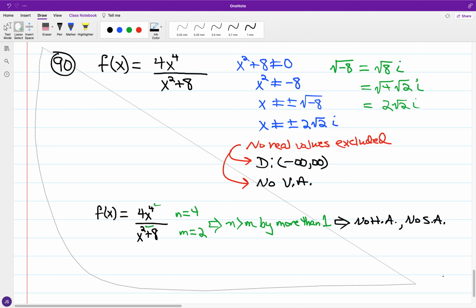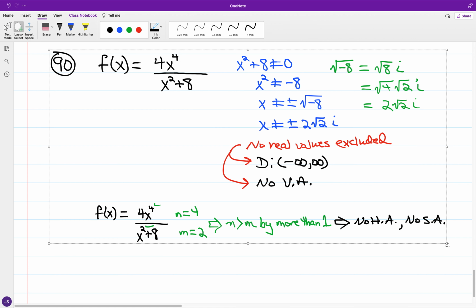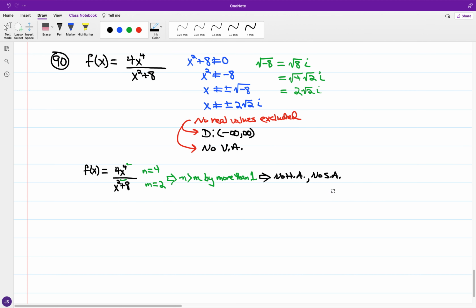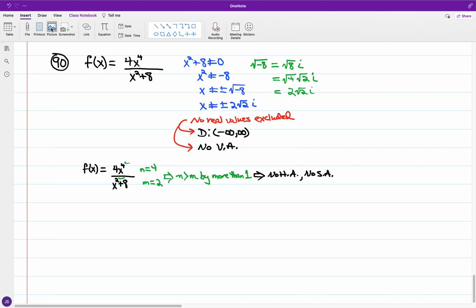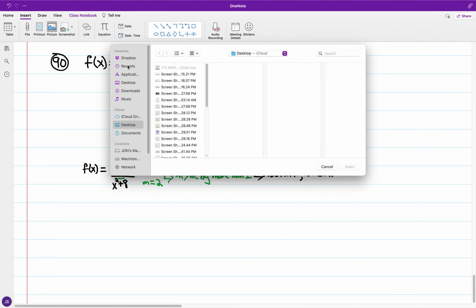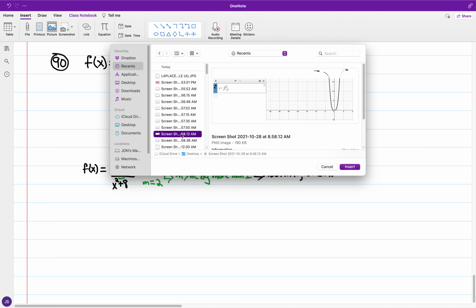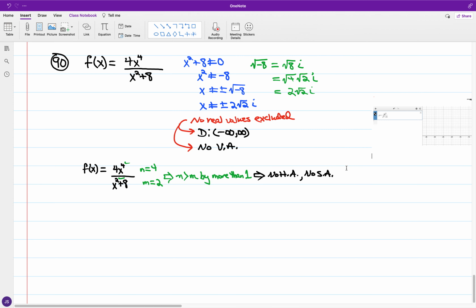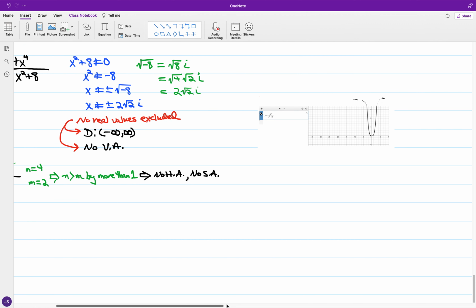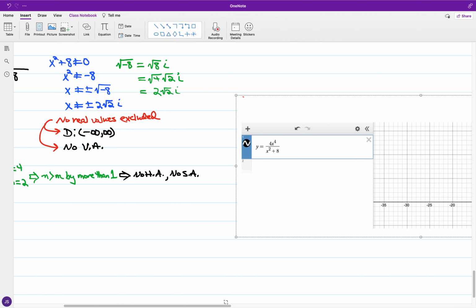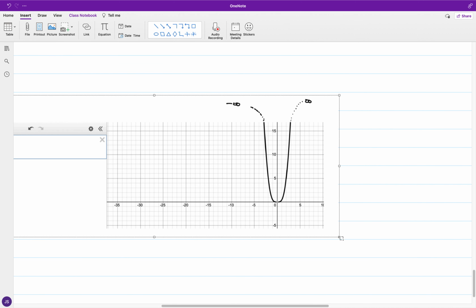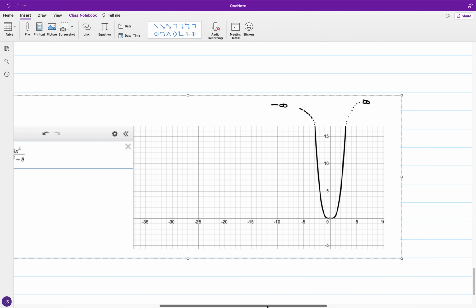And just kind of picturing what we have with this particular rational function, the graphic can be somewhat deceiving.